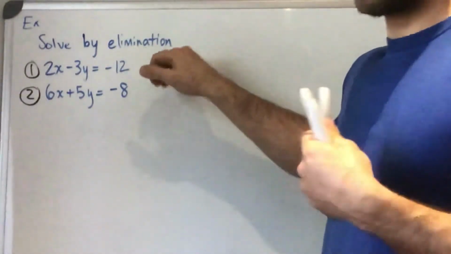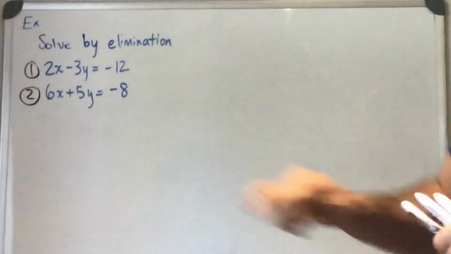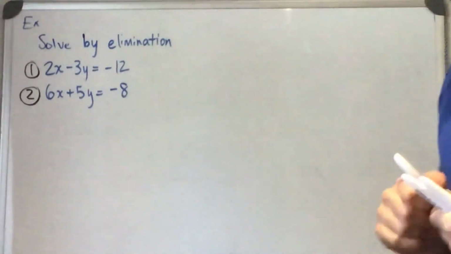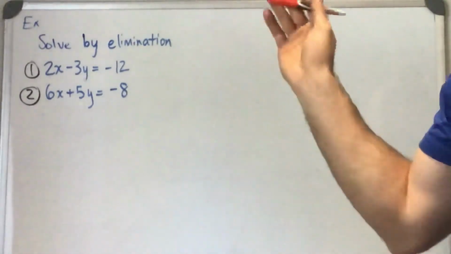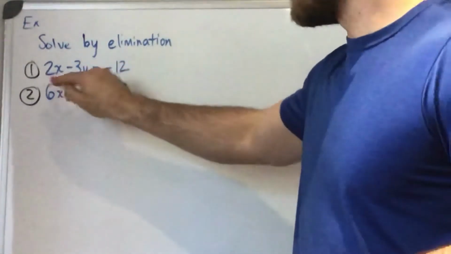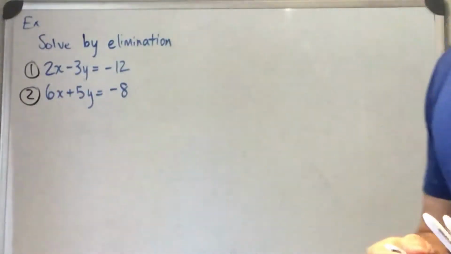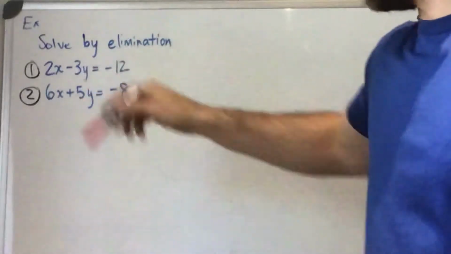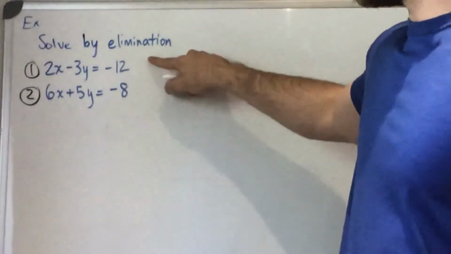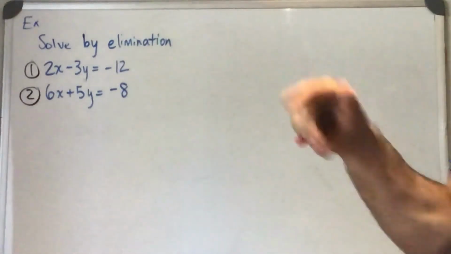With elimination, we're going to multiply entire equations by a number. So in our first one, we can multiply by whatever number we like. But our goal is to get whatever numbers in front of a variable to match one of these two. So we could get the y's to match by multiplying the top one by a 5 and the second one by a 3 to get 15.